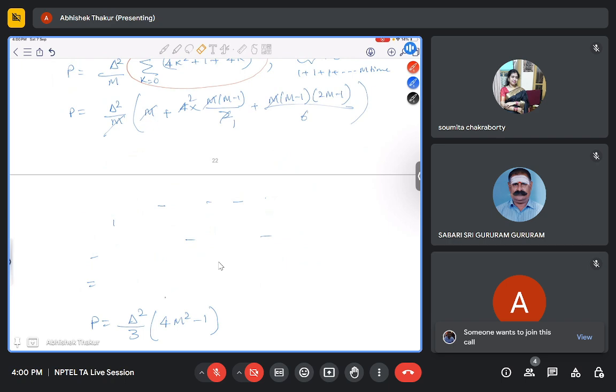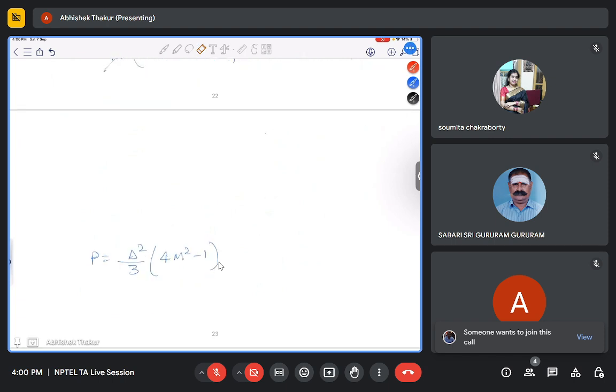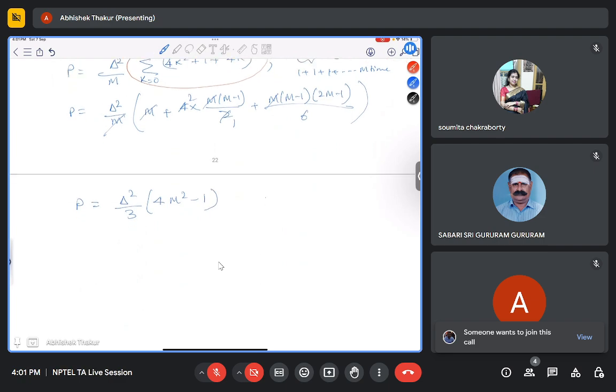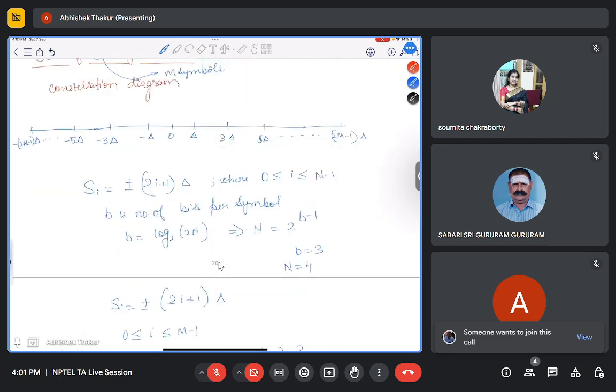So we can calculate it again, or we can directly write what will be the final equation. So the final power, when you calculate this value, we will get delta square by 3 times 4m square minus 1. Now what is the value of m here?